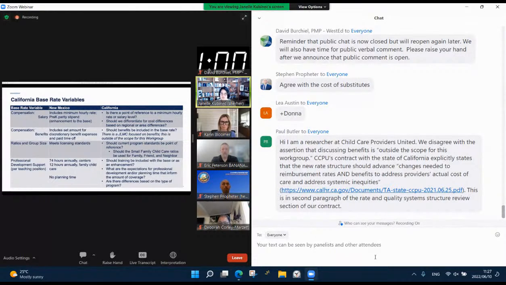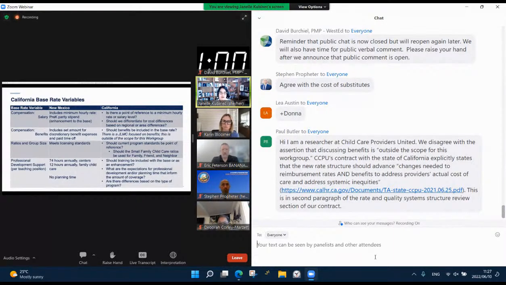So this is something we really want to see played out in the cost modeling to understand how we look at the reference to program standards as we look at the creation of a base rate, and not wanting to overly complicate this. So these are things that exist. We don't want to try to create a whole new framework, but at the same time, how you incorporate the reference to the standards as you come up with the rate structure will be important, and something that we hope to see addressed, we'll work to see addressed through the cost modeling.